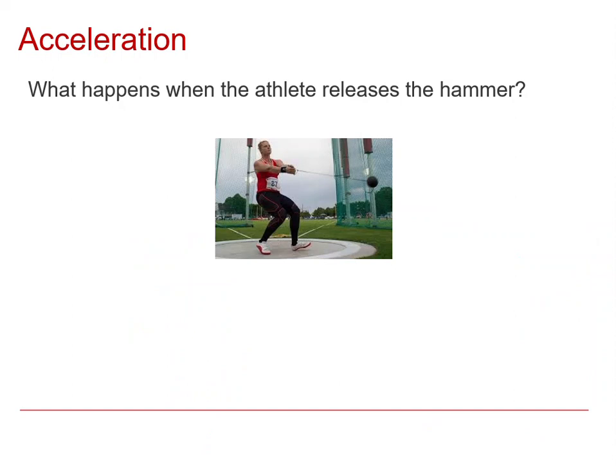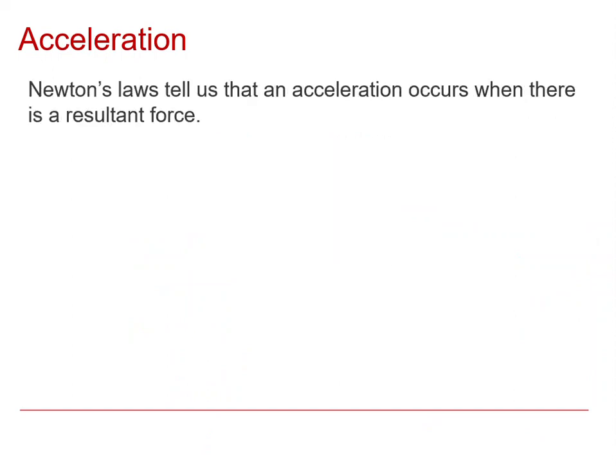So the basic idea there is twofold: that there is an acceleration towards the centre for circular motion, and that it must arise from a force, in this case the tension in the wire. And in succeeding videos we'll be looking at that kind of connection in much more detail. Newton's law tells us that an acceleration occurs when there is a resultant force. So what does this mean for circular motion?